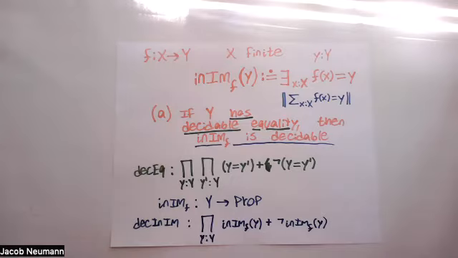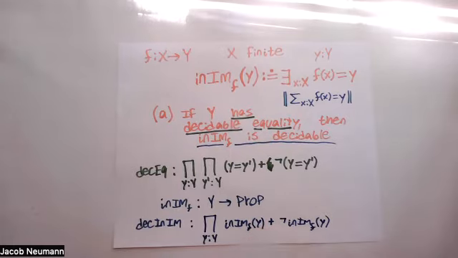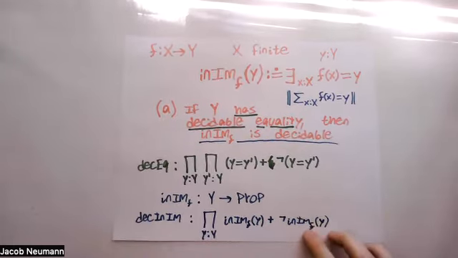So for every element of Y, we either have a proof that there exists something in the pre-image of y, or we have a proof that the pre-image of y is empty.